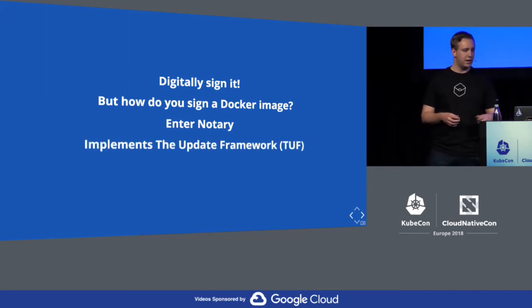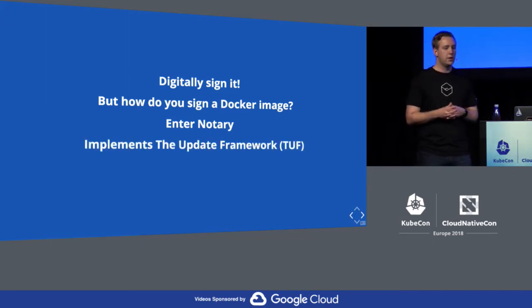It implements a specification called the update framework, which is designed for secure yet flexible verification of production assets. It's got handy stuff for outage-free verification of things, so you can rotate your keys easily and things like that. It's good to check that out. The website was in the keynotes. I think it was theupdateframework.io.